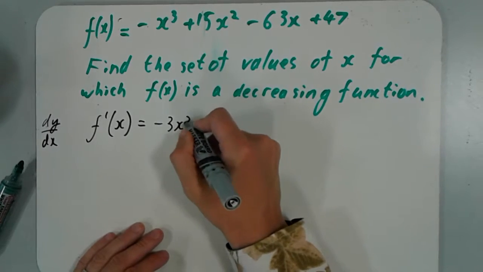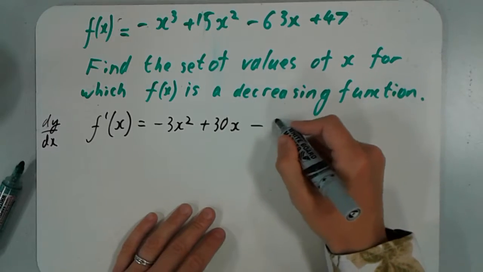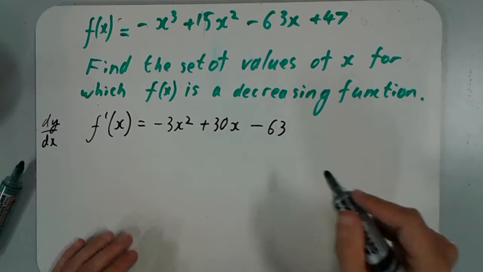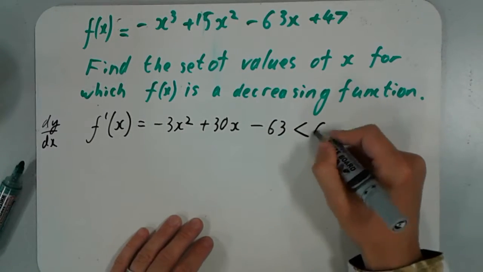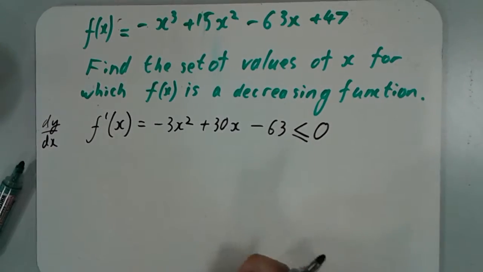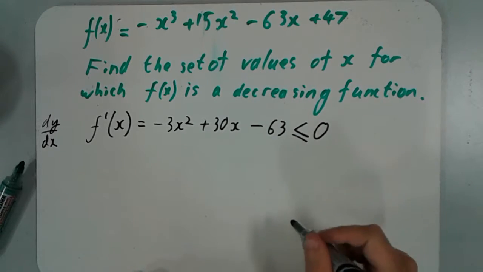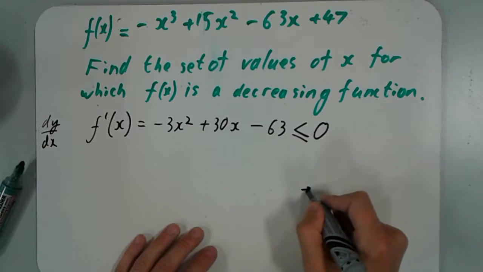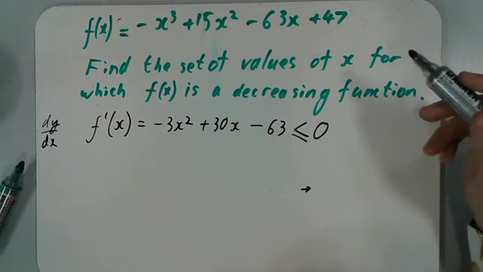Minus 3x squared plus 30x minus 63. Again, the constant, we just lose it. And we want to know, where is that derivative less than 0? Where is it decreasing? Technically speaking, we would say less than or equal to 0, because when we say a function is decreasing, we mean that if we stepped a little bit to the right, we would go down.